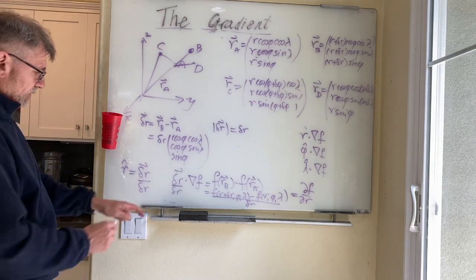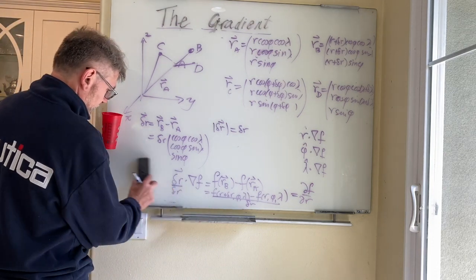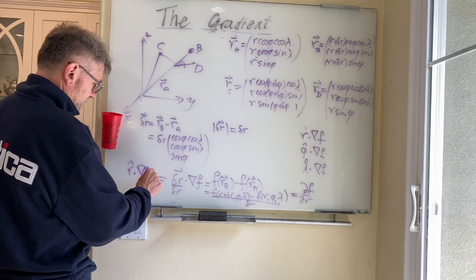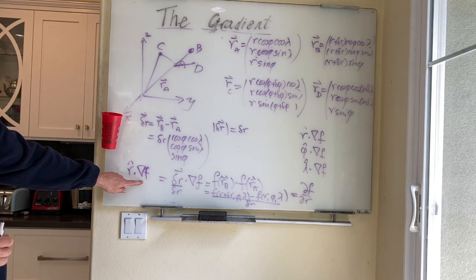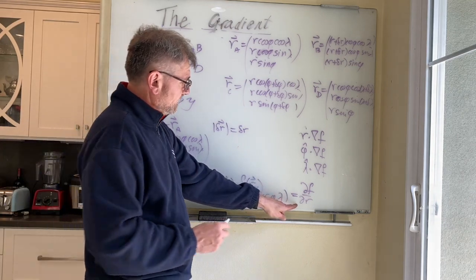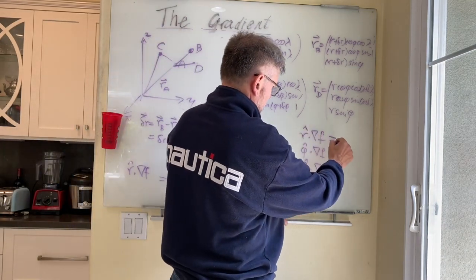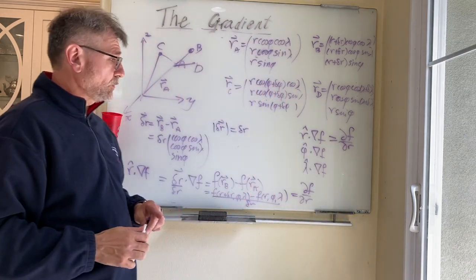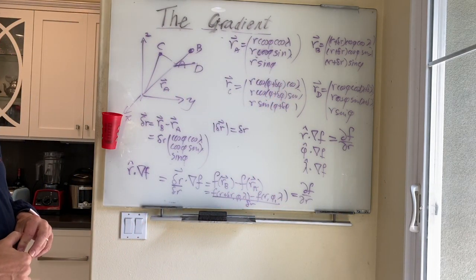And this, remember, is just equal to r hat dotted with grad f. And therefore, r hat dotted with grad f is just df/dr, which is the r component of the gradient.